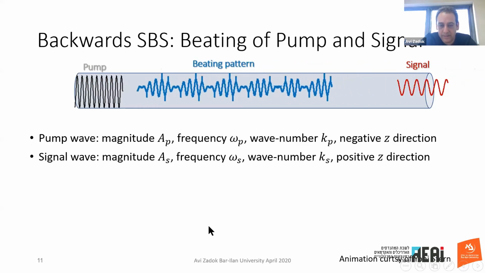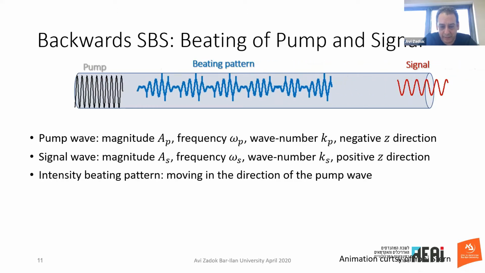Now, when these two exist together, they generate a beating pattern. Why is that so? When we speak of optical power, optical intensity, it is the magnitude of the field squared. So when we have two waves like this, we add them together, and the overall magnitude is pump plus signal, squared.